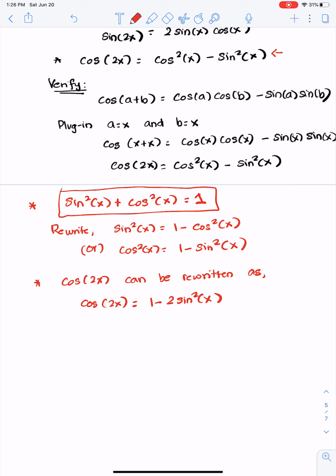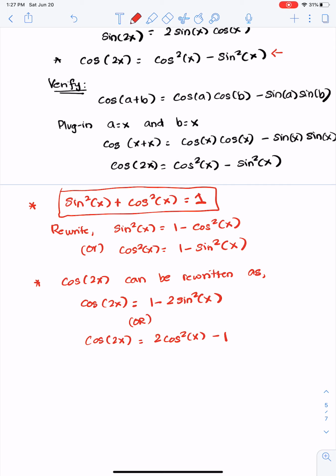If you plug in 1 minus sine squared x for cosine squared x, it would simplify to 1 minus 2 sine squared x, or 2 cosine squared x minus 1.